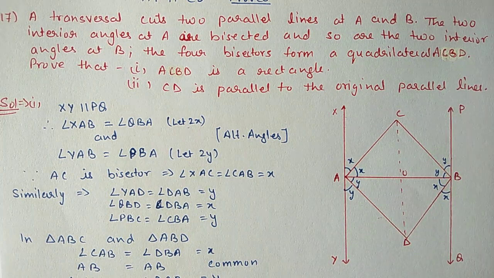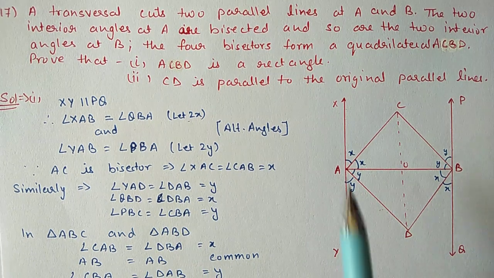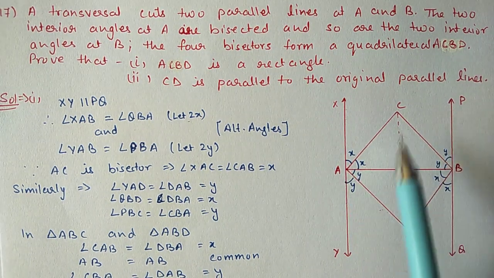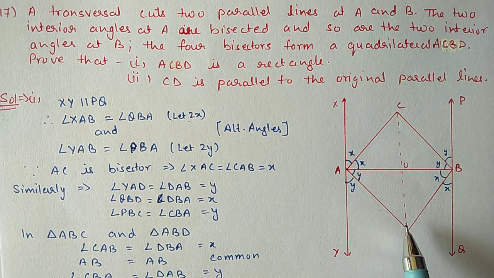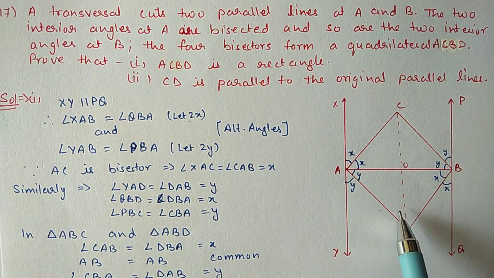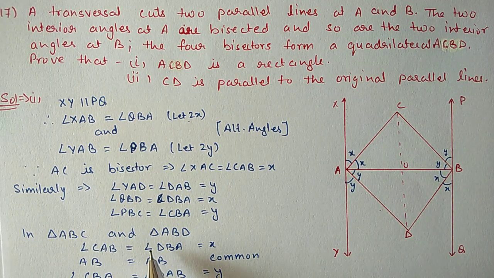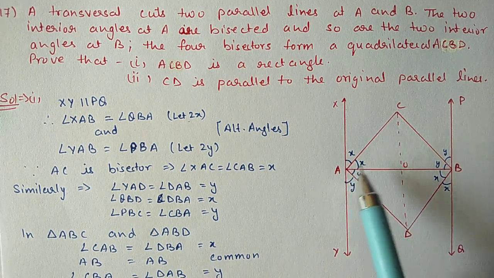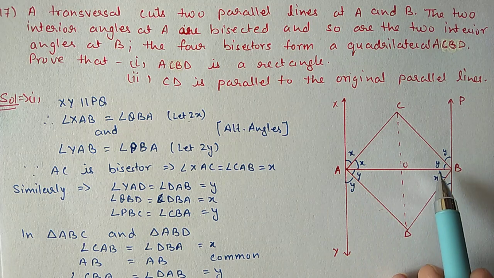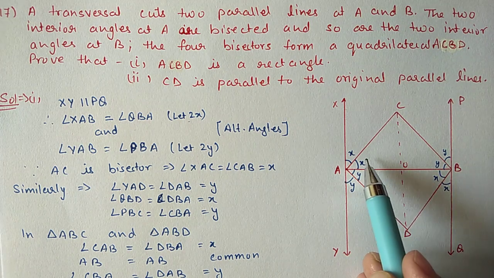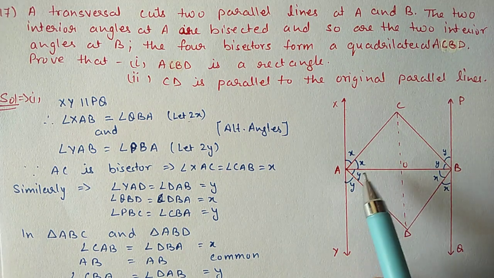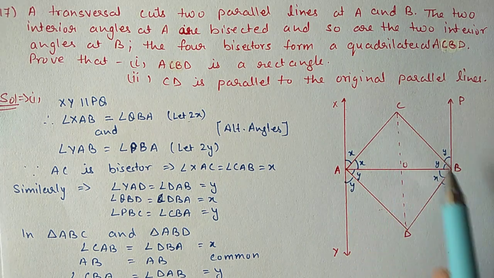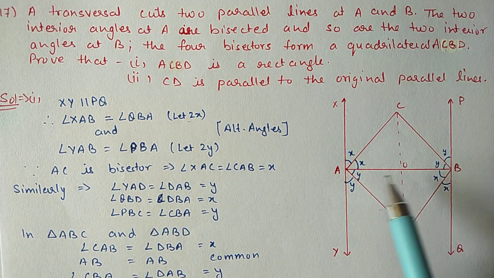Now we will start our proof. First of all, we will take triangle ABC and triangle ABD. In these two triangles, angle CAB is equal to angle DBA, both are x, and angle DAB is equal to angle CBA, both are y.